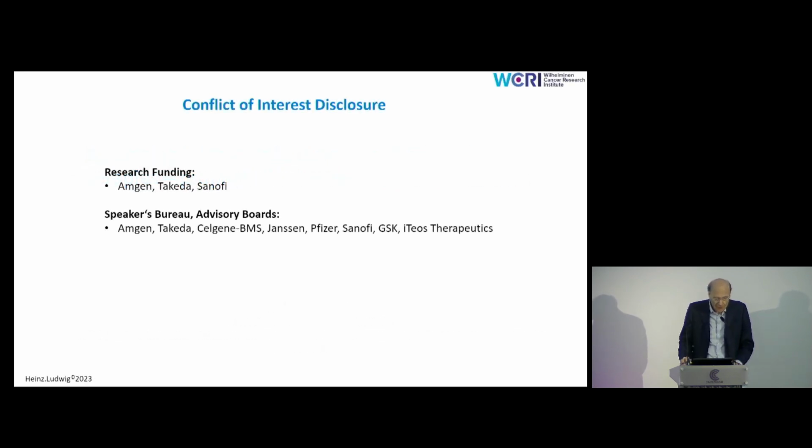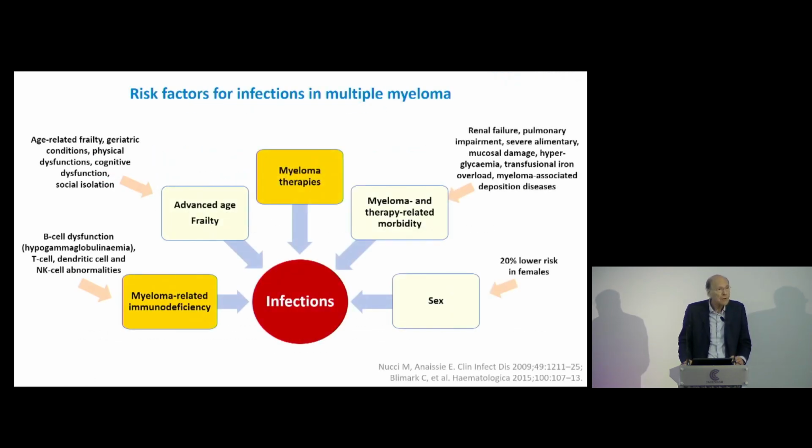These are my disclosures. We all know that myeloma patients have many factors which contribute to their increased risk for infections. First of all, myeloma-related immunosuppression is key, particularly in those patients with advanced, uncontrolled disease. Then we have myeloma therapy, and that is one of the major topics of today.